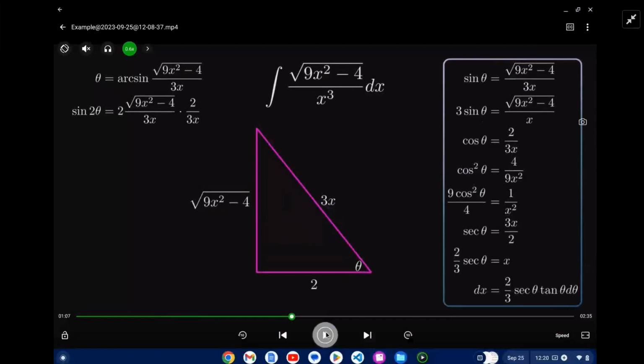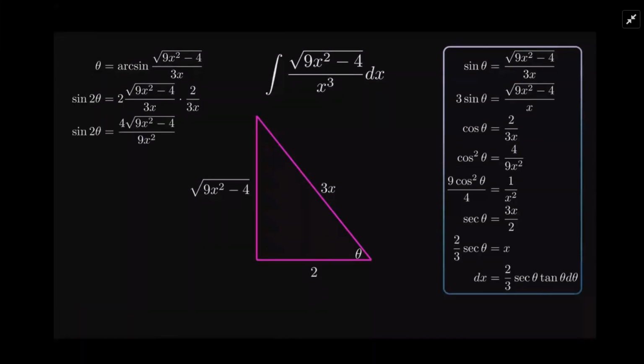And we're going to be using the sine double angle formula, and so I'm just writing what it is here. It's 2 times sine theta cosine theta. So that's the sine double angle. I'm just going to simplify it a bit.